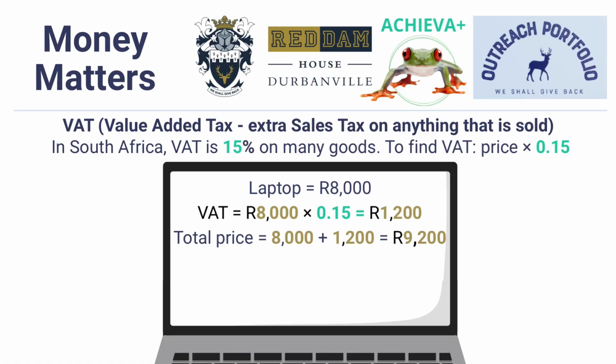The total price is 8,000 plus 1,200 Rand, which is equal to 9,200 Rand. And that is how much you will pay at the shop. Out of that 9,200 Rand, 8,000 Rand will go to the shopkeeper and 1,200 Rand will go to the South African government to pay for schools and hospitals and roads.